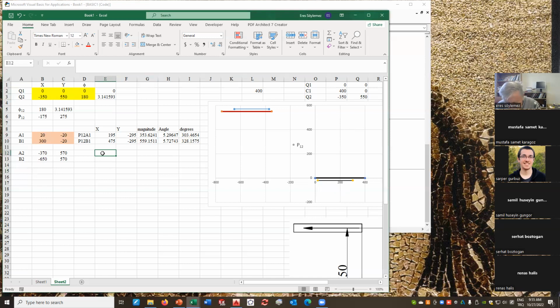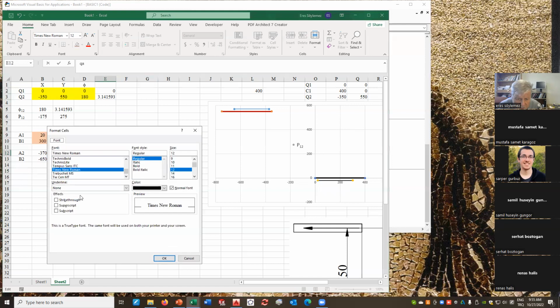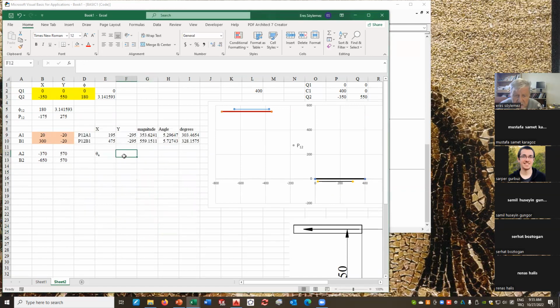So let me determine, I will call it theta A. This is the angle made by A1, A2 with respect to the positive x-axis.